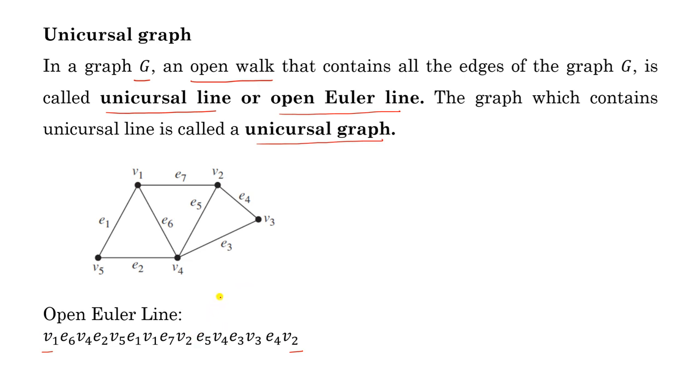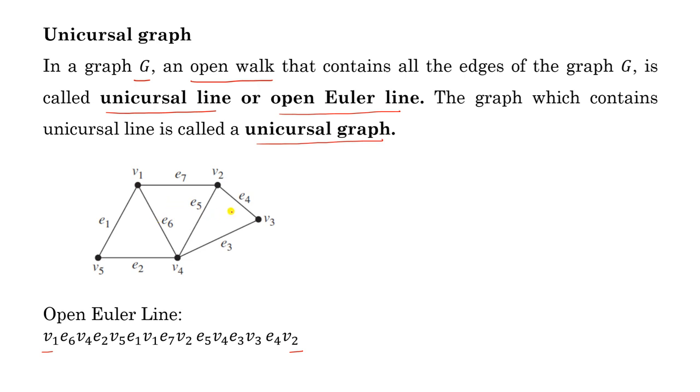Now look at this one. Another interesting thing is, in the previous theorem we showed that a graph is an Euler graph if all the vertices are of even degree. In this graph, the degree of V5 is 2, the degree of V4 is 4, the degree of V3 is 2, but the degree of V1 is 3, and the degree of V2 is also 3. So two vertices have odd degree.